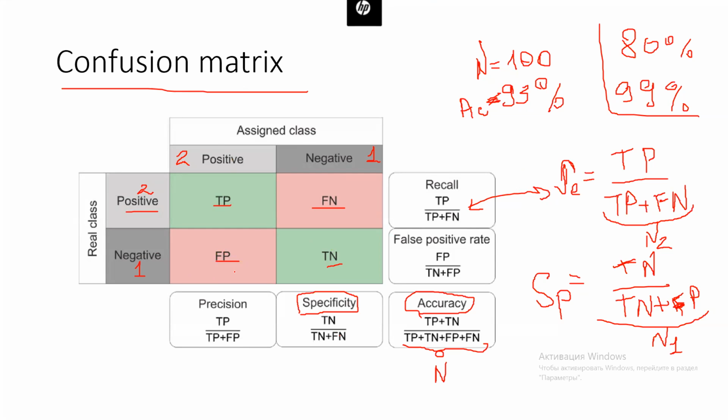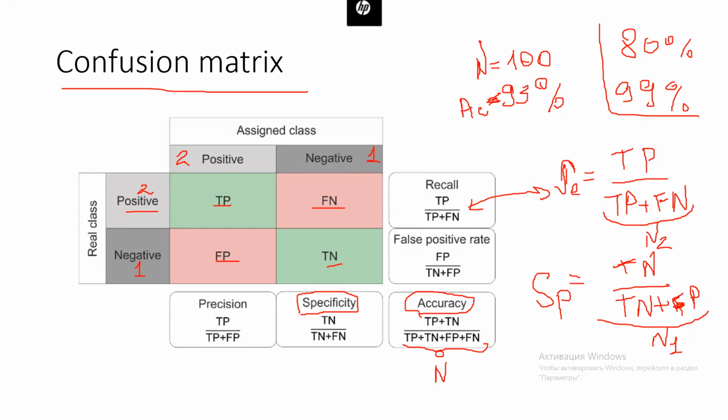And a 20% chance of not discovering COVID while the person has COVID. So 20% of patients with COVID will have a negative test result. So in the case of medicine, it's more important to estimate these parameters.